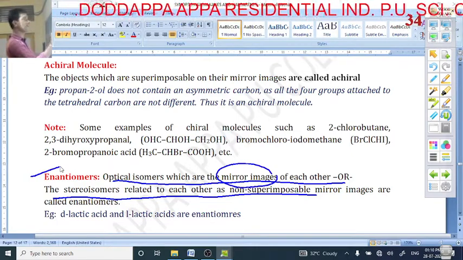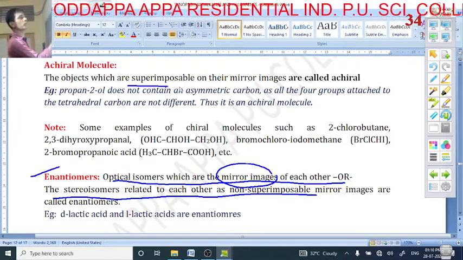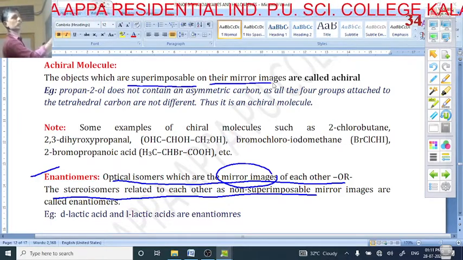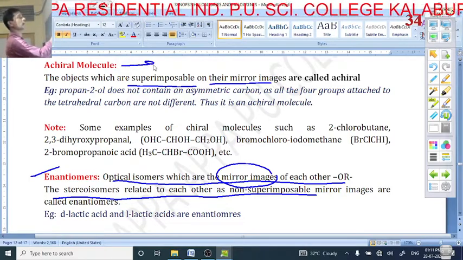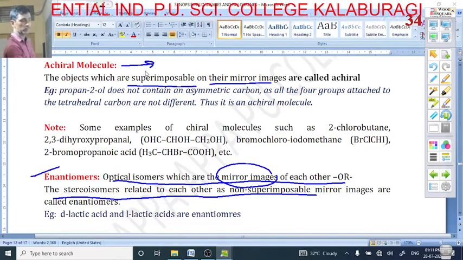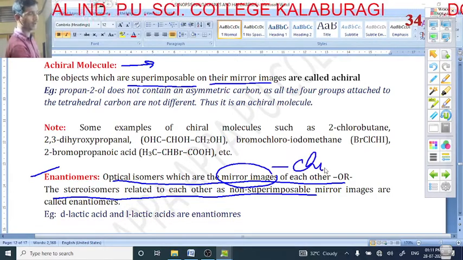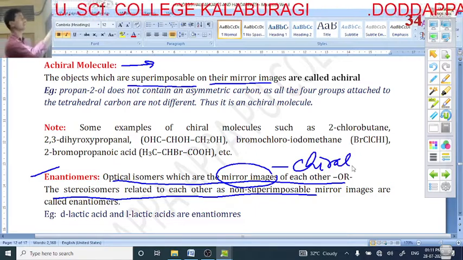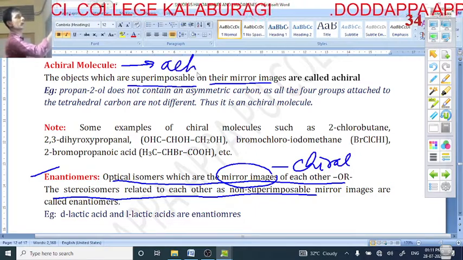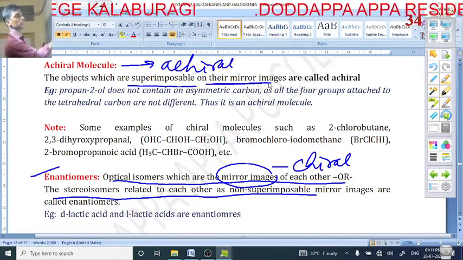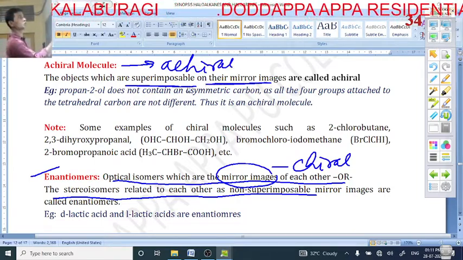What is achiral? Achiral means the mirror images are superimposable. But here the mirror images are not superimposable, so it is called chiral. What is the difference between chiral and achiral? This is achiral because mirror images of each other are superimposable.